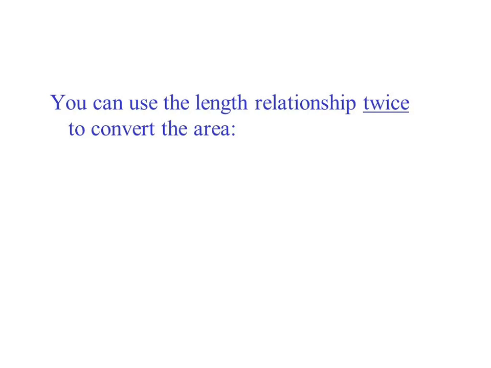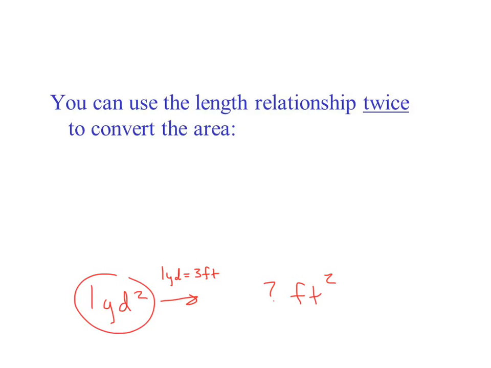Okay, well, here's the deal. Let's just say you wanted to go from, like we just did, 1 yard squared. Someone said, how many feet squared is that? You guys already know 1 yard is equal to 3 feet. Well, we can set it up factor label, like we've been doing. We put the thing we want to convert, 1 yard squared over 1. That's a square, not a cube.